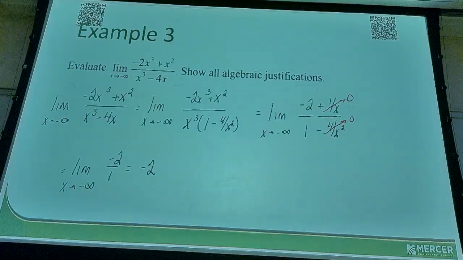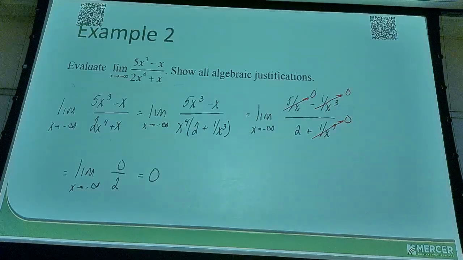Right here, I think I would have gotten, doesn't matter, any of them. Infinity over infinity is indeterminate for the same reason.